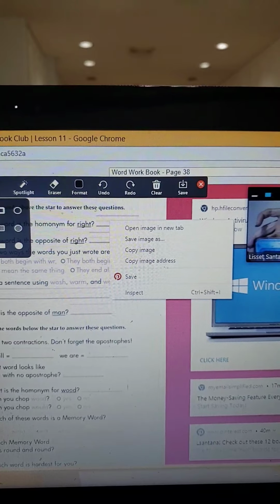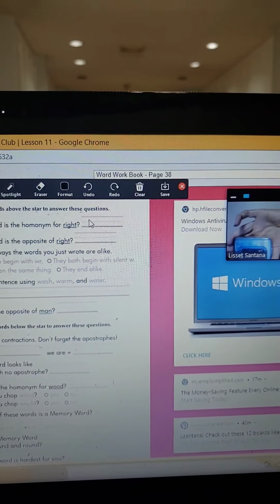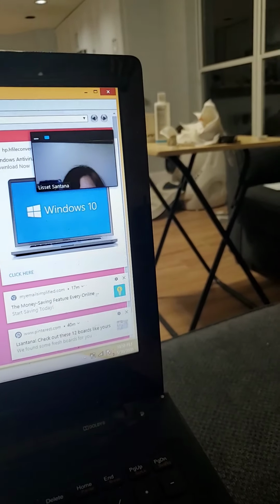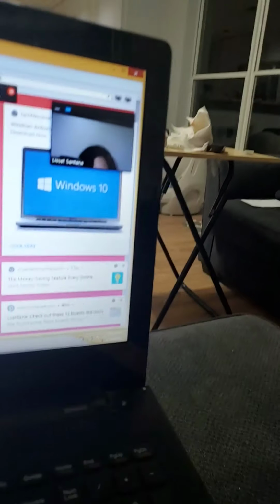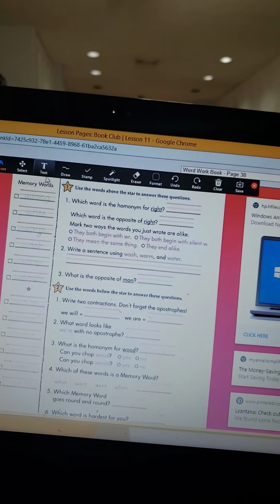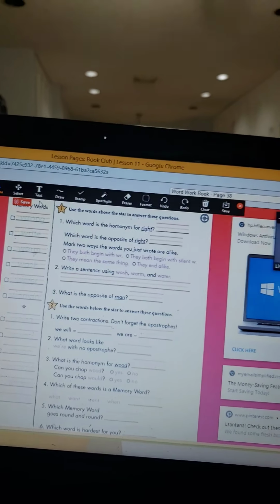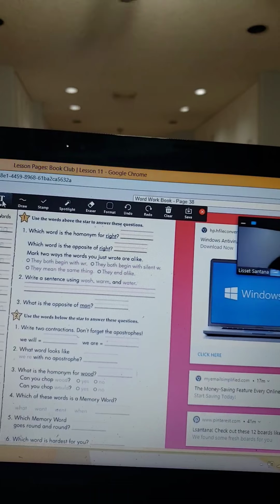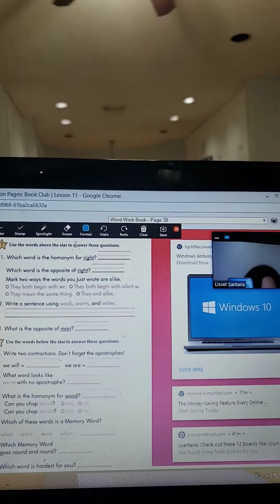Let's see if it works with the writing. Unless I'm on the wrong side. What if I go up to the text? I'm going to click on the text over here to the left. There we go. That should work.